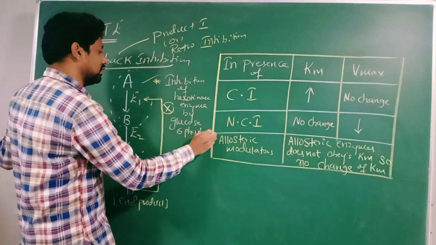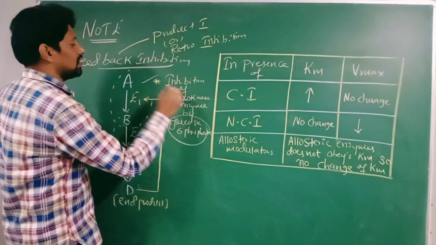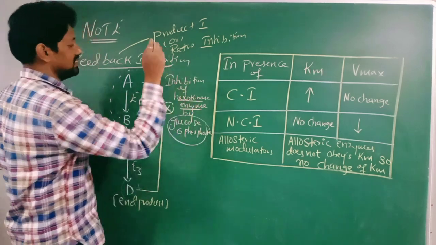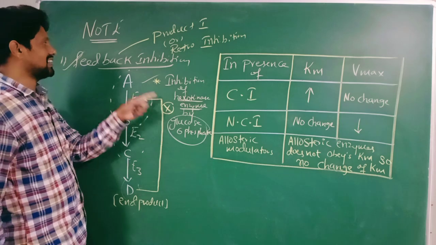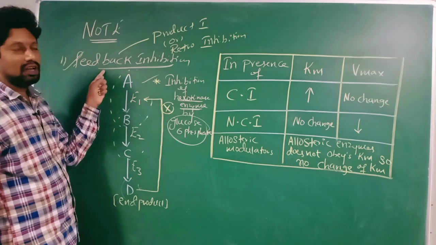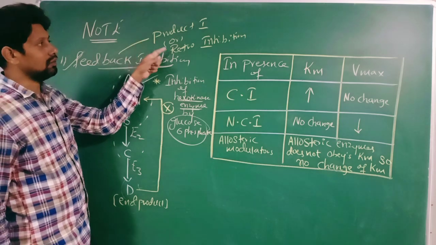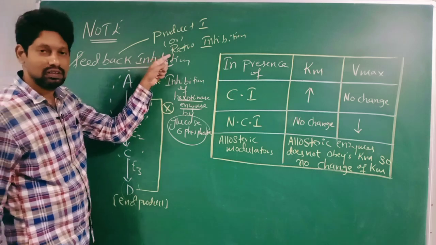What is inhibiting what? Glucose 6-phosphate is inhibiting hexokinase enzyme. This is an example for feedback inhibition, also called product inhibition or retro inhibition, right?